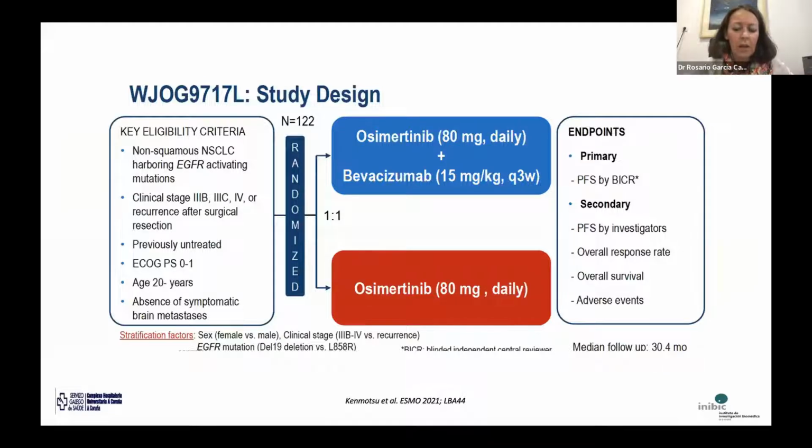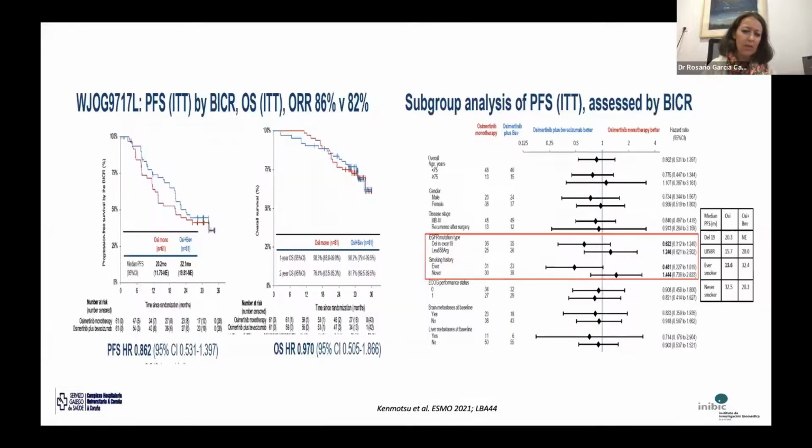Very recently, we also learned the results from a trial coming from Asia, osimertinib plus bevacizumab versus osimertinib in the first-line setting. When we look at the results, we see that the difference is not so high in terms of progression-free survival, no differences in terms of overall survival, but looking at the subgroups, and specifically those patients who have smoked, the combination seems to be very convenient.